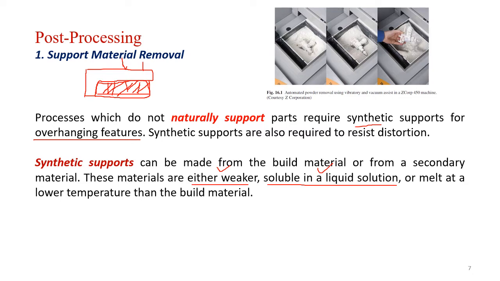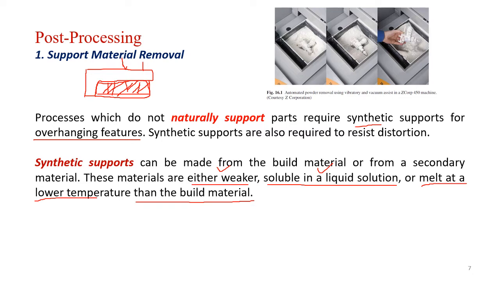Sometimes we have synthetic supports made up of wax, which, when subjected to a higher temperature, are going to melt away and be removed, and we get the build material without these supports. So melting will help this removal easily.